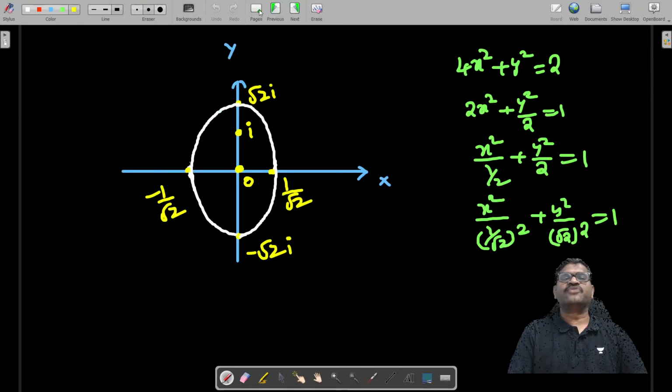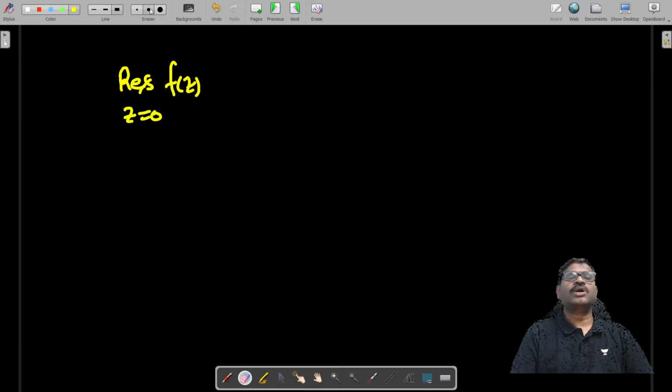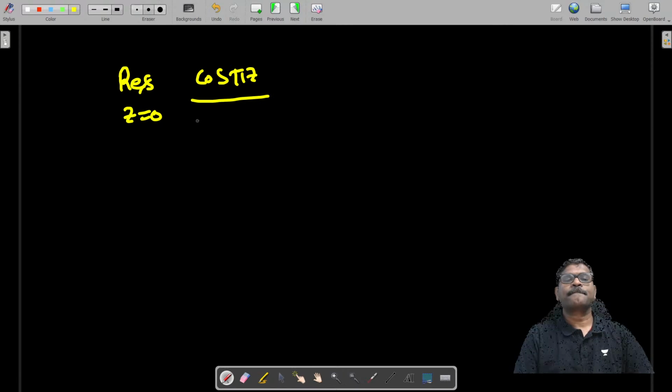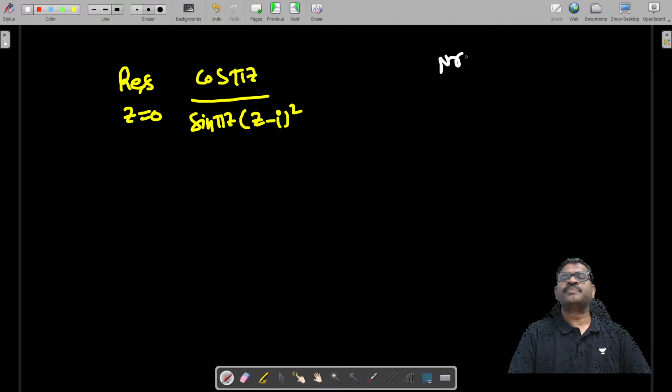Now, residue of f of z at z equal to 0. What is f of z? Cot pi z by (z minus i) whole square. When z is tending to 0, numerator is non-zero but denominator is 0.